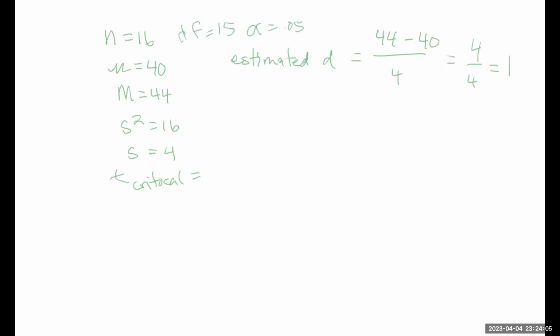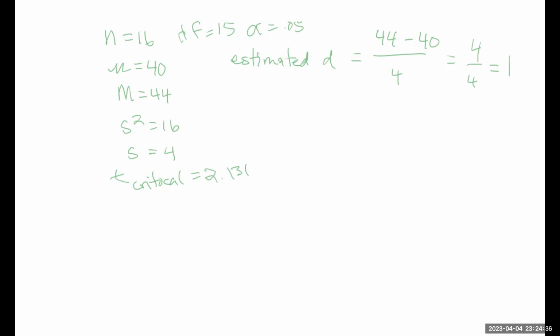I'm using a two-tailed test, so I'm going to go down to two-tailed and over to 15, and the t critical should be 2.131. That should be my t critical, 2.131, right?